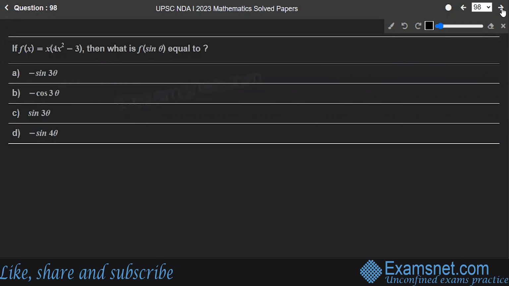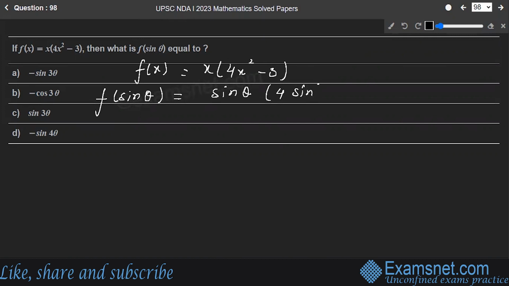Next is question number 98. fx is equal to x into 4x square minus 3. Then what is f of sine theta equal to? We are given fx is this. F of sine theta can be written as sine theta into 4 sine square theta minus 3. So this can be written as 4 sine cube theta minus 3 sine theta.